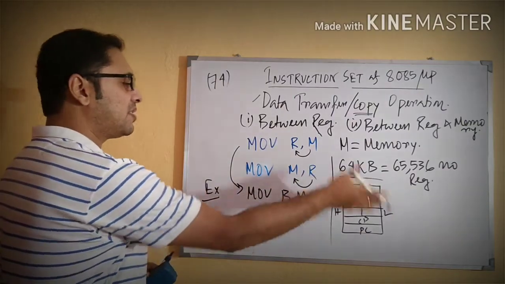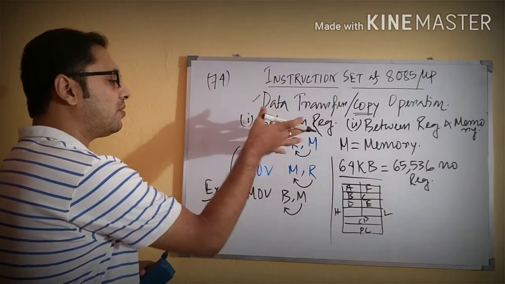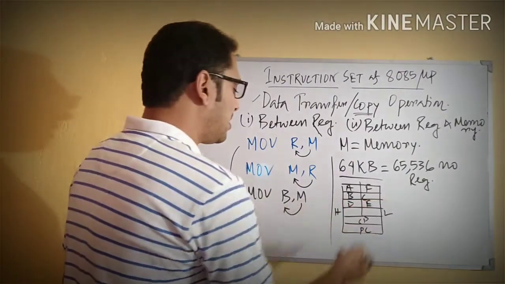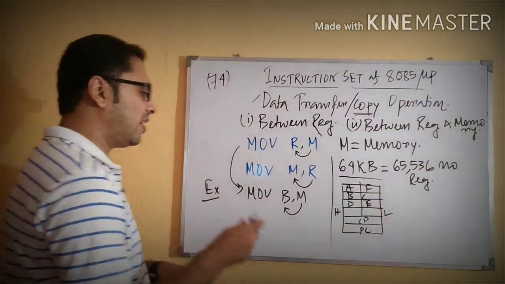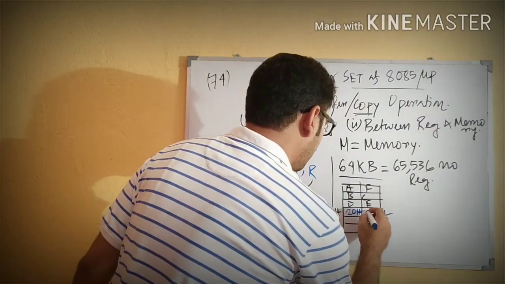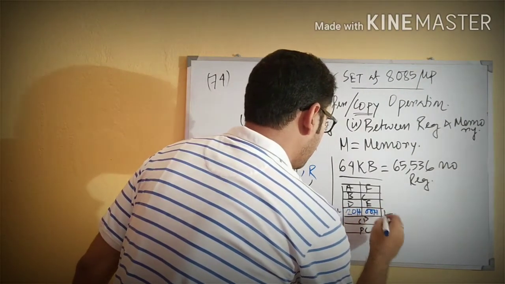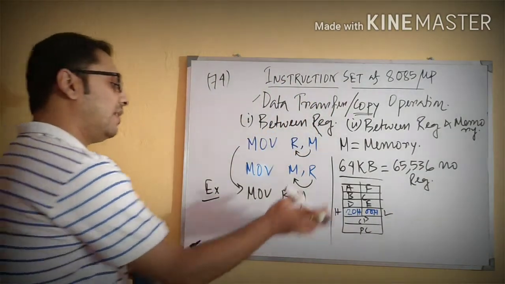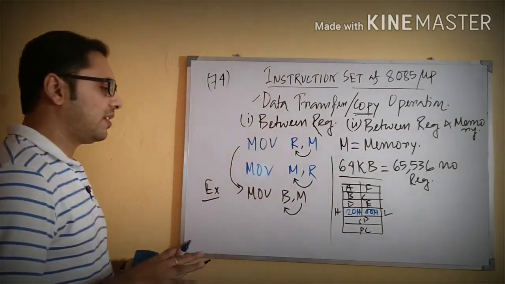That model basically represents 8085 when you are talking about instructions. So assume the HL register pair contains data like this, 20 hex, 00 hex. That is already available within the HL register pair.